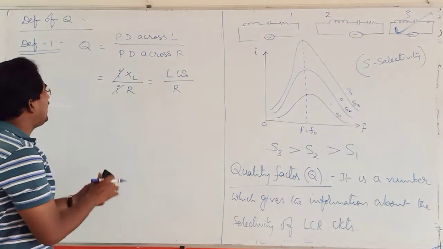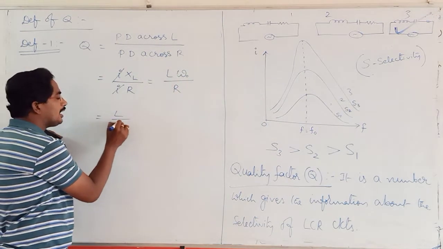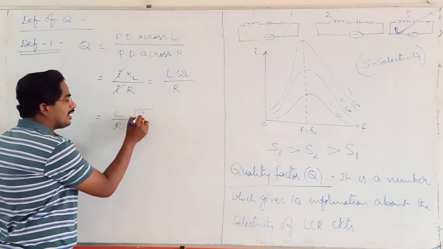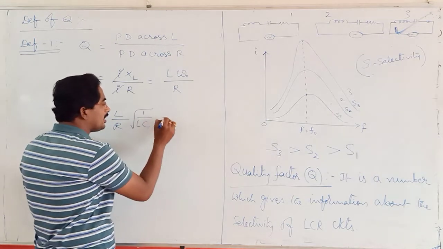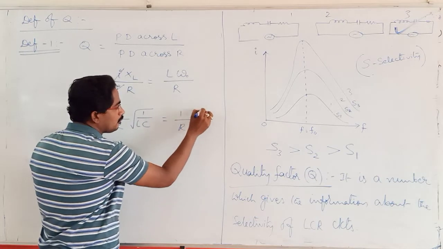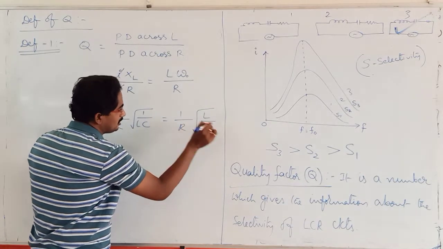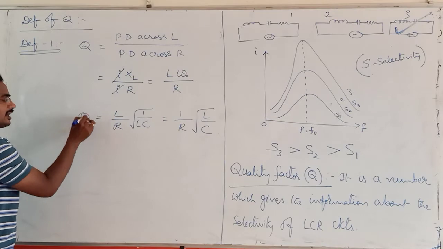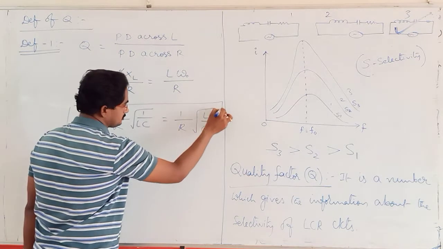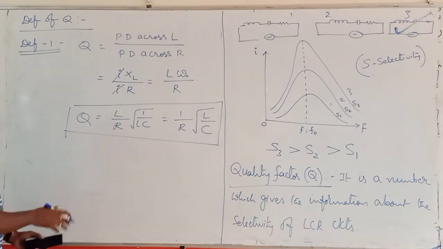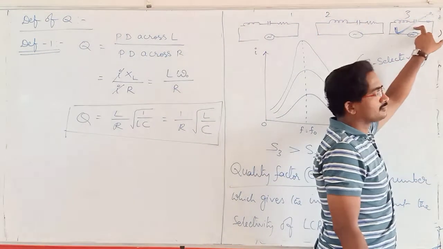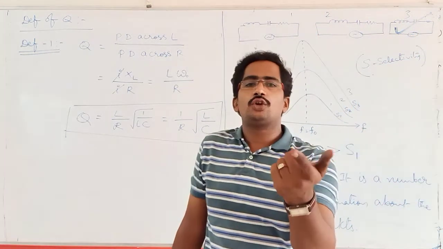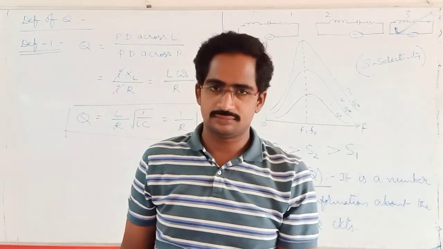What is the resonant angular frequency value? 1 by root LC. Solving that, we get 1 by R root over L by C. This is the quality factor formula. If you apply this formula for these three circuits, immediately we can get the Q value and selectivity also.